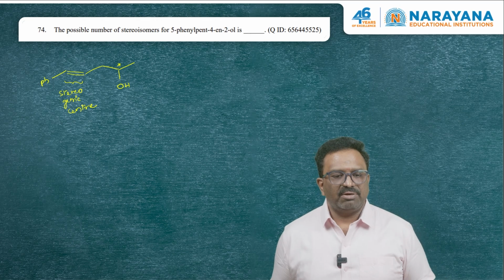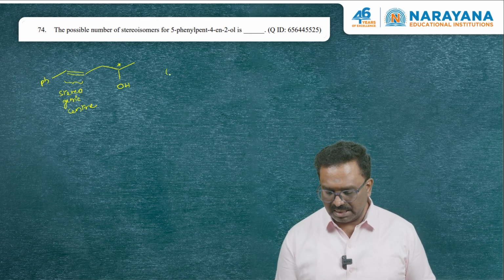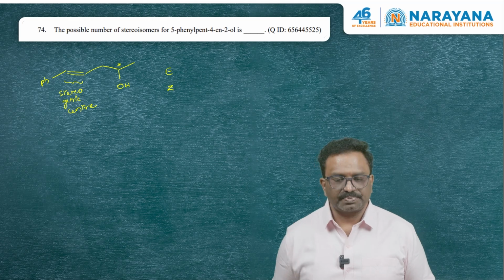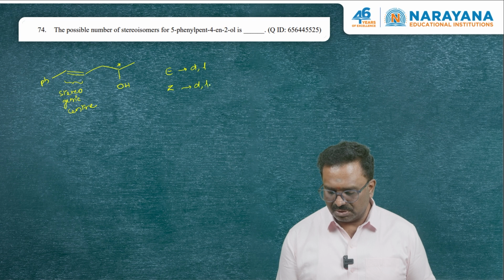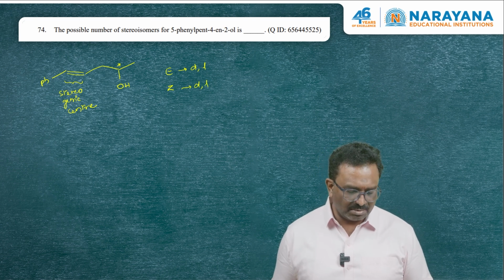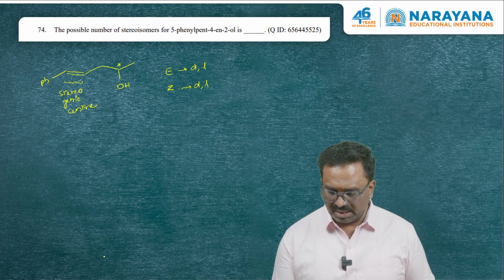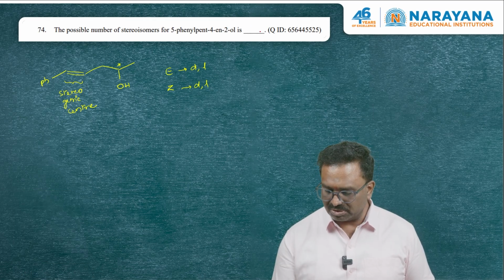Now you can identify at this double bond condition, you can write E or Z. Now E has possibility of D and L and Z also with a D and L. So total number of stereoisomers possible for this given compound is 4 stereoisomers.